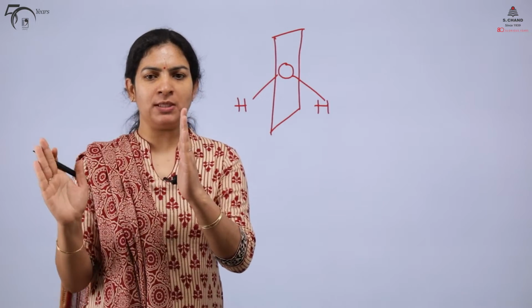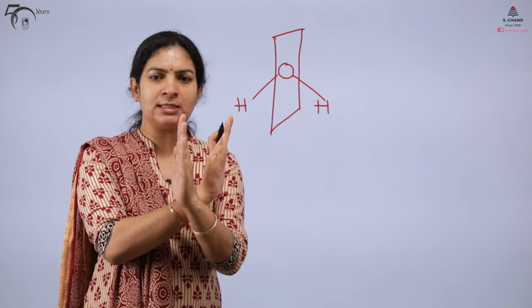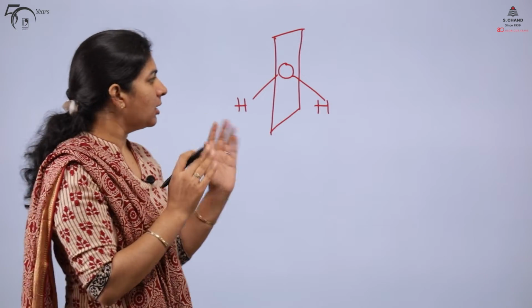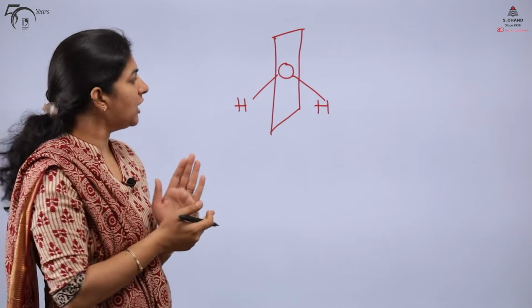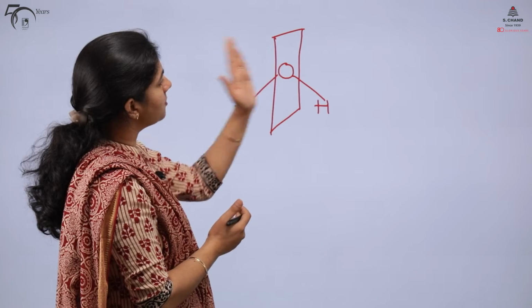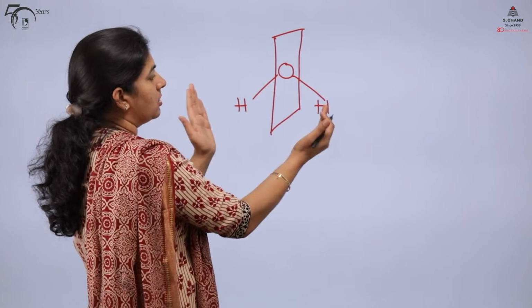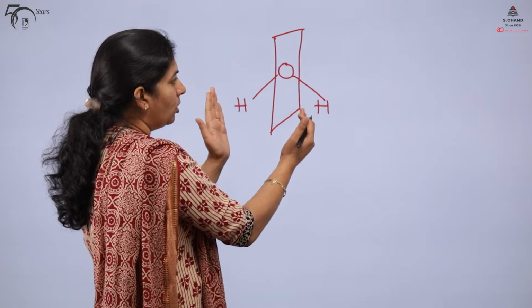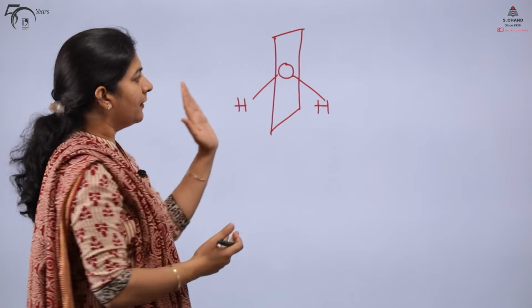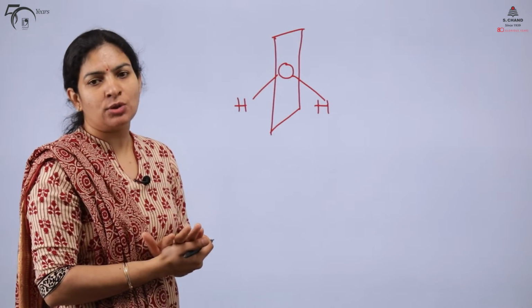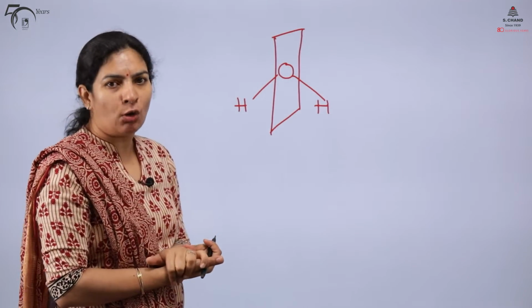One half is this side and one half is this side, in such a way that the two halves are mirror images of each other. So if through this plane you are able to see the two hydrogens, you will observe yourself that the molecule gets divided into two identical halves. So this is called a plane of symmetry.